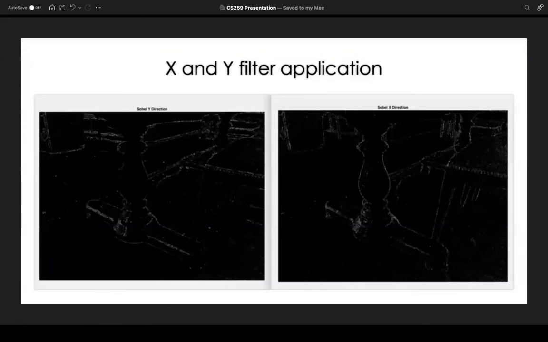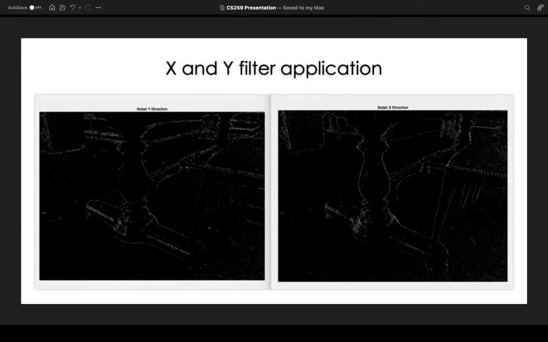We see the differences between the Sobel edge detection in the X direction and Sobel edge detection in the Y direction separately. As we can see, the images are fairly similar simply because many of the edges in the images are at an angle. However, we can see that in Sobel Y direction, it does not catch a lot of the leg of the chair on the right.